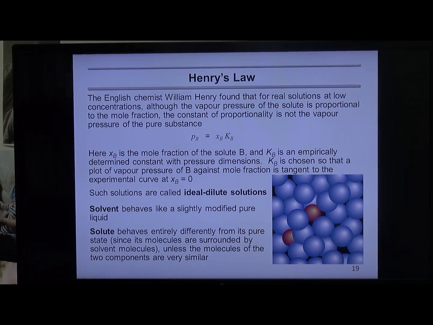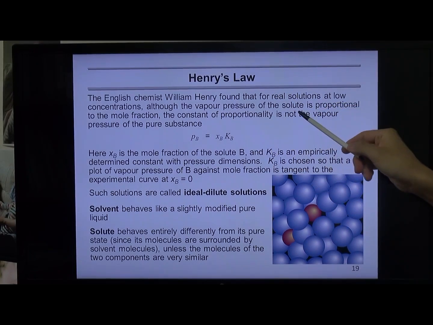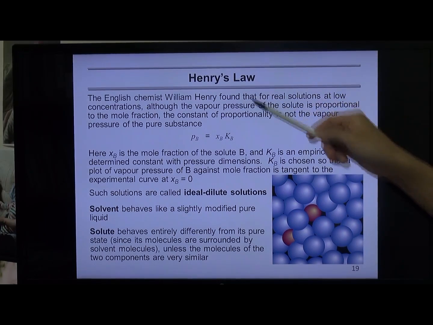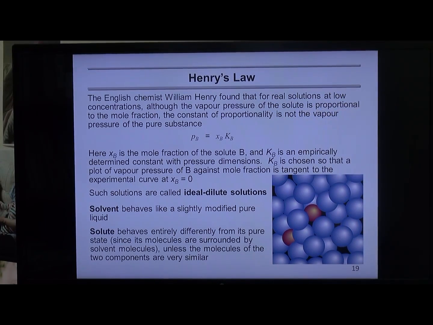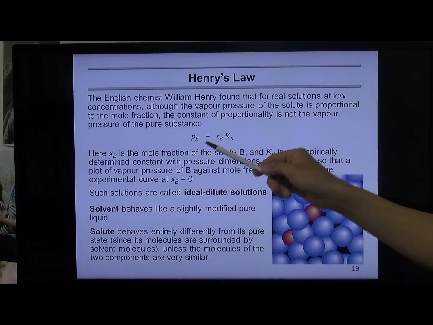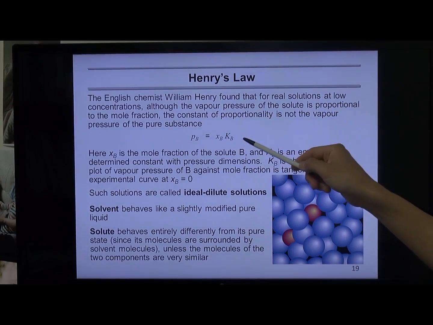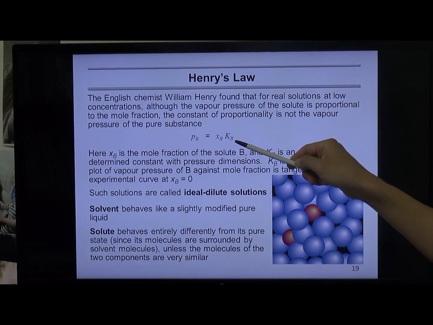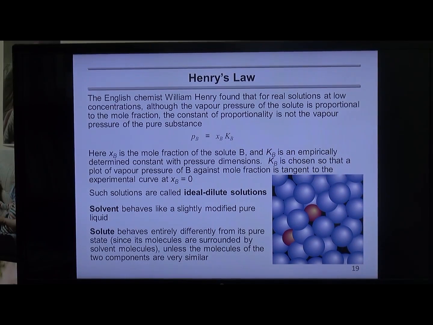So what Henry found is that the vapor pressure of the solute in a mixture, especially at low concentration, is proportional to mole fraction, but not to the vapor pressure of the pure substance. Instead, it is proportional to some constant, Kb, which is called the Henry constant.